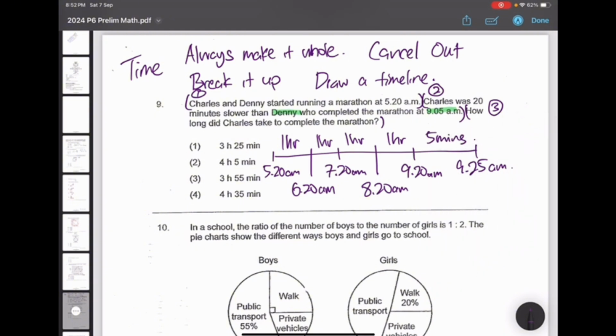And therefore, Charles completed the marathon in 4 hours and 5 minutes. And your answer for this question is number 2.